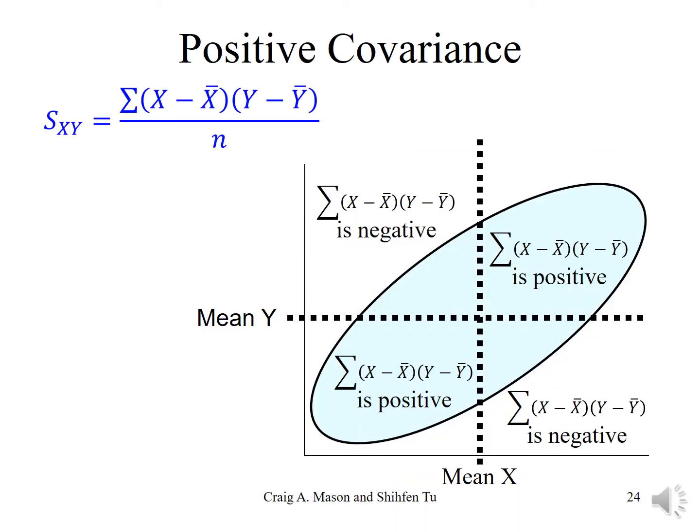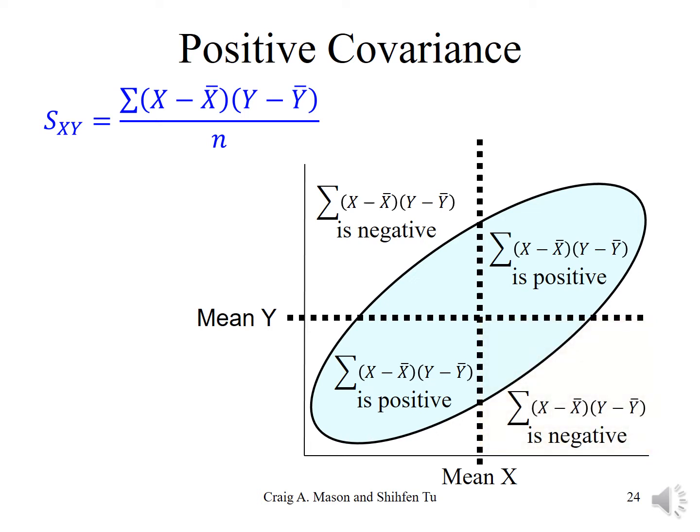Here's a diagram where we've taken an example of two variables with a positive association and divided it up into 4 quadrants based on whether a person's x and y scores are both above the mean, or whether their x and y scores are both below the mean, or whether they are above the mean on y but below the mean on x, or whether they're below the mean on y but above the mean on x.